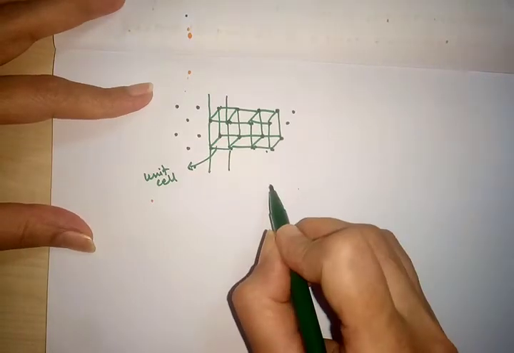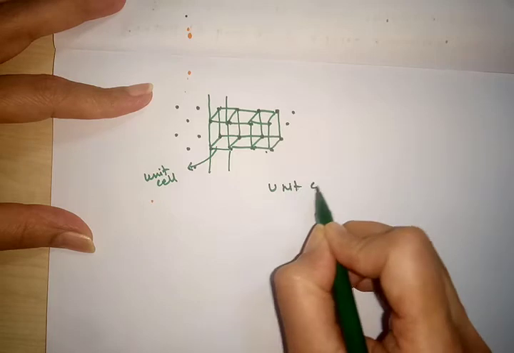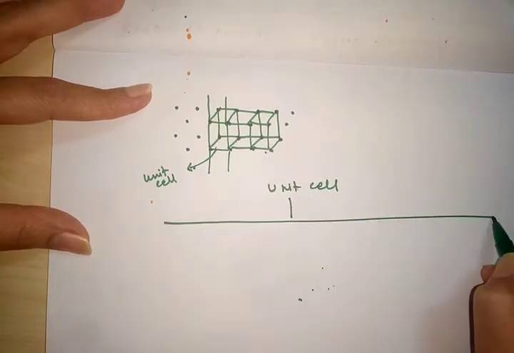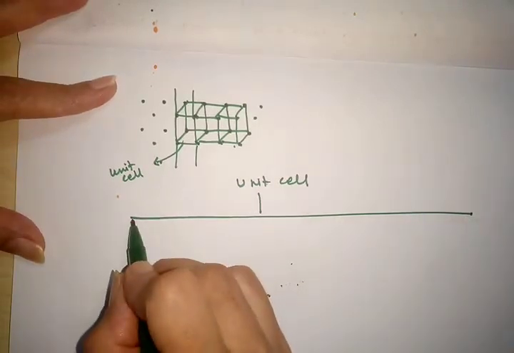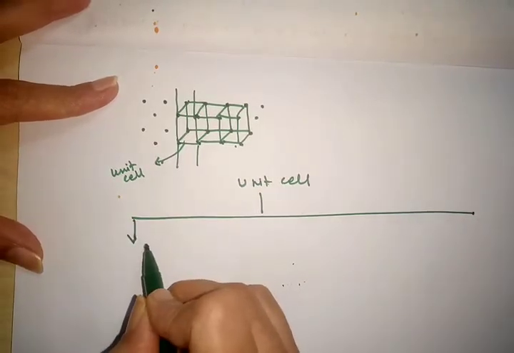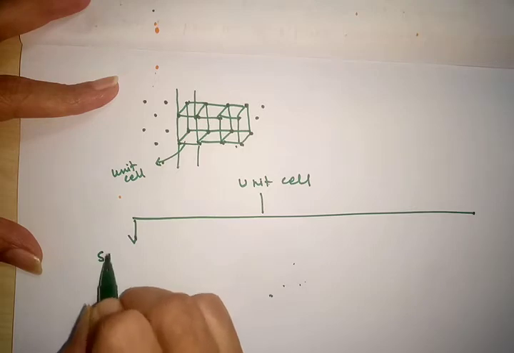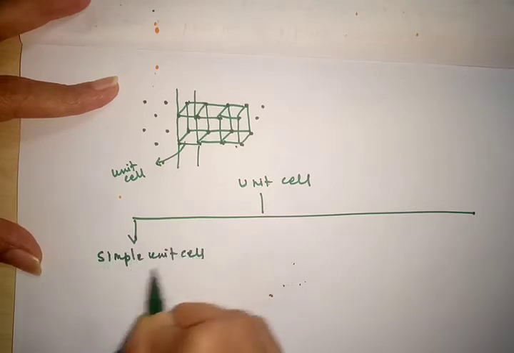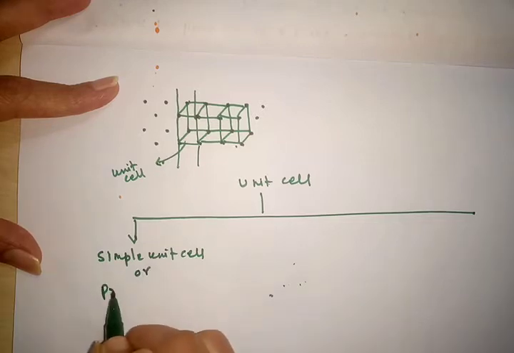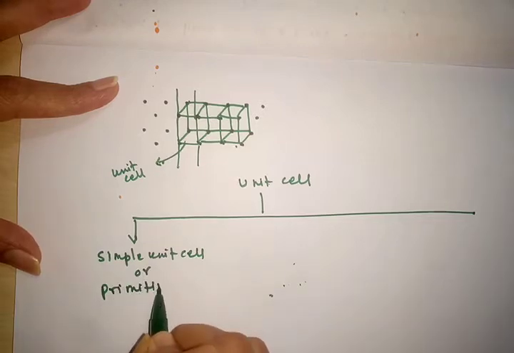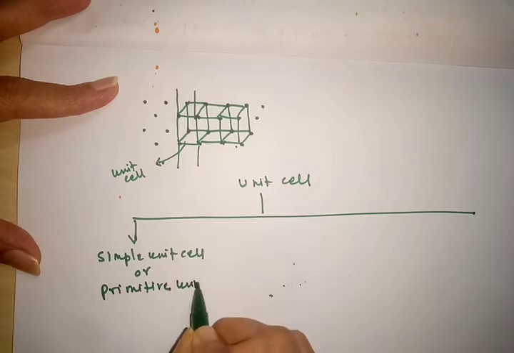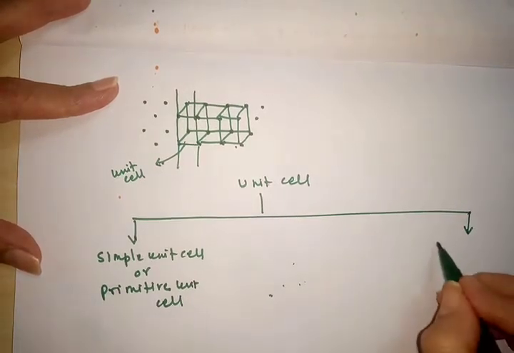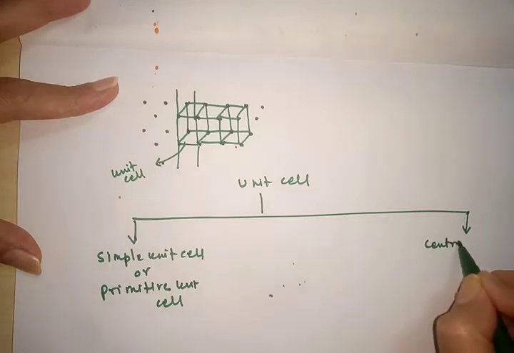Now these unit cells can be further divided into different types. The first type of unit cell is a simple unit cell, which can also be called a primitive unit cell. Next is a centered unit cell.